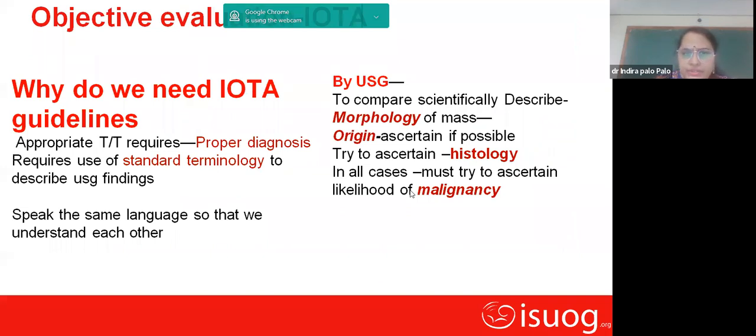Why do we need the IOTA guideline? Is it really helpful? Yes. Appropriate treatment requires a proper diagnosis and the use of standard terminology to describe ultrasonogram findings. When the terminology is standardized all over India and all over the world, we can understand the reports given by sonologists anywhere in the same way, reading the same language.